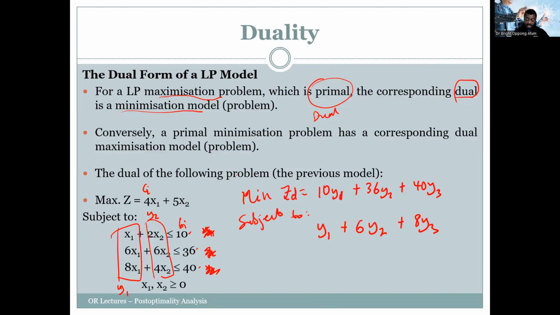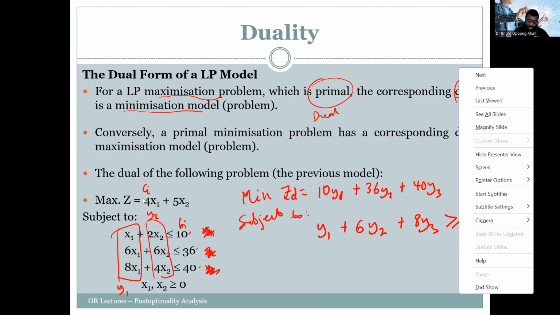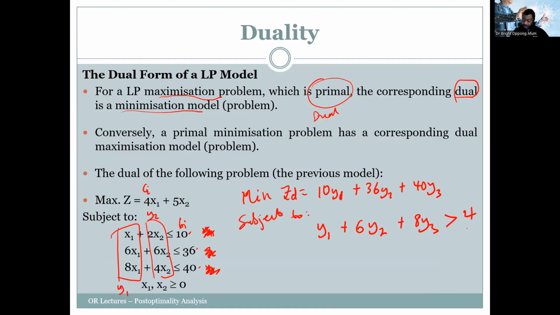So when you say maximization, all the constraints are less than or equal to, so that the dual form will then follow as greater than or equal to, and it is the 4 here, right? That's the objective function. So the cj's and the bi's interchange when you are creating the dual.